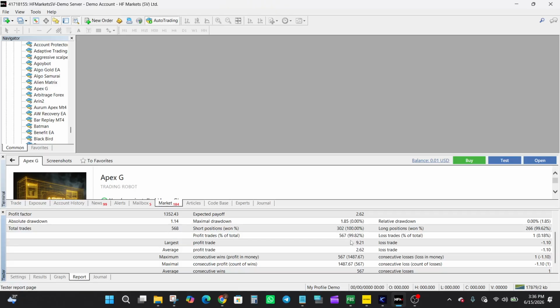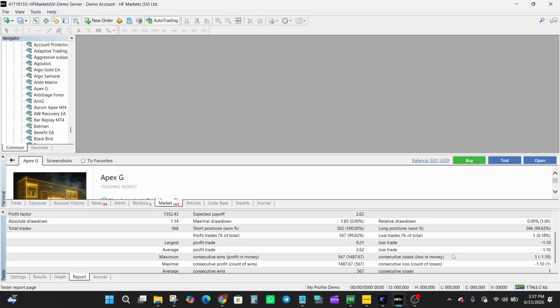So that gave us a 99.82% win rate. I can also see that the largest profit was 9.21, and the largest loss was 1.1. This is quite impressive. Average profit was 2.62, average loss 1.1. So the risk to reward ratio is amazing.